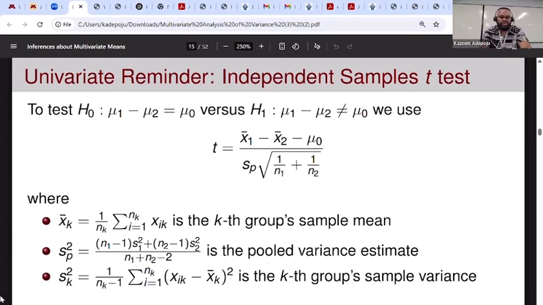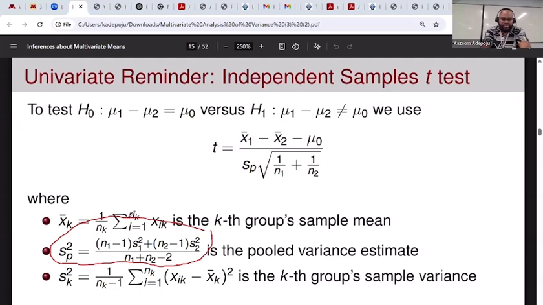So if you take a look at this, this is pooling the variance. The S1 squared is the sample variance from the first sample. The S2 squared is the sample variance based on the second sample. Of course, N1 and N2 are the number of samples taken from each group.